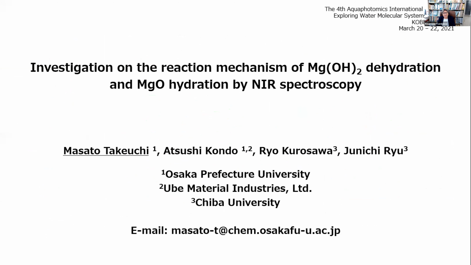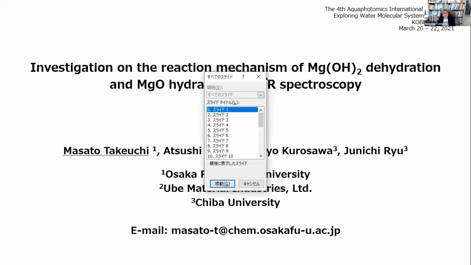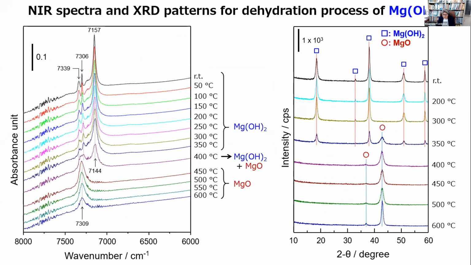I say free but not free water molecules. So the band is 1392 to 57 depending on the ions. Thank you, Elena. Yes, exactly. And in the other one, 1362, 7339, 7306.